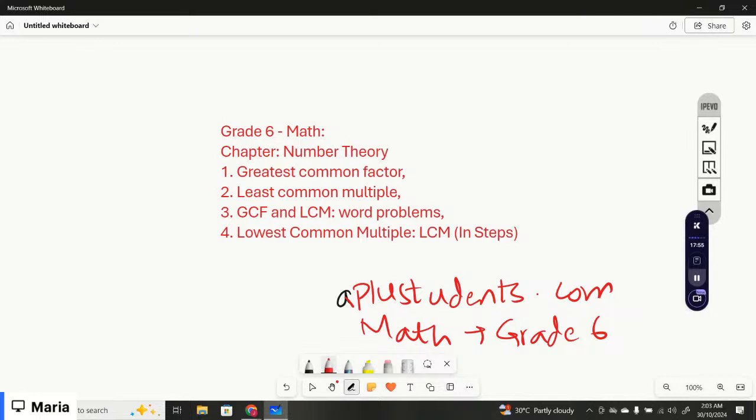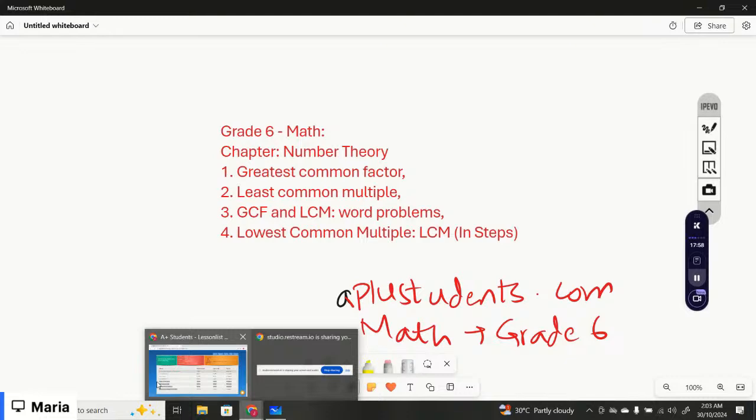Please make sure you have your notebook and pencil so that you can note down the important examples and definitions.